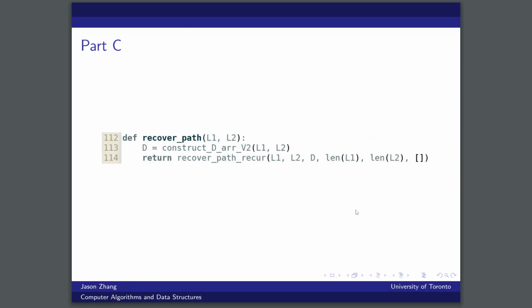And you'll see this more visually in a second, but basically our recovered path function has two steps. We construct the D array using our tuples, as I mentioned earlier, and then we return the final list of transformations that is returned by our recursive function. And as I mentioned earlier, we begin by setting out to be an empty list.